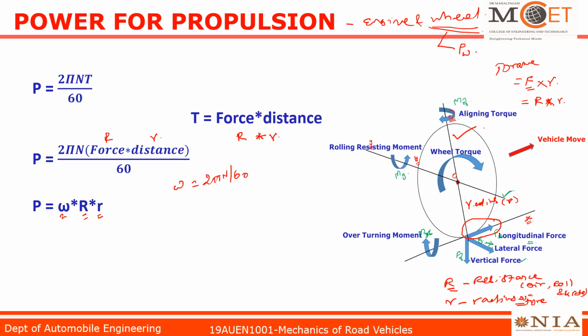We know that r omega, that is angular velocity and radius of rotation, is equal to linear velocity. V equals r omega, so that P is equal to R into V. Here R indicates the resistance, V indicates the velocity.